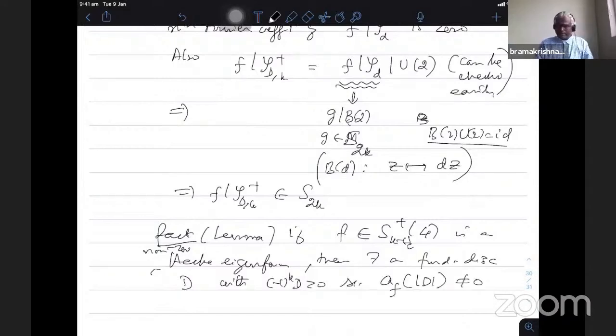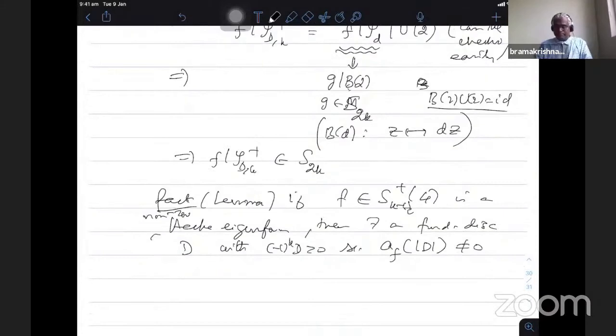So one can take a basis of Hecke eigenforms. For each eigenform, we find a fundamental discriminant for which this coefficient is non-zero. Therefore, one can use linear algebra to get a linear combination of these Shimura maps, which gives an isomorphism.